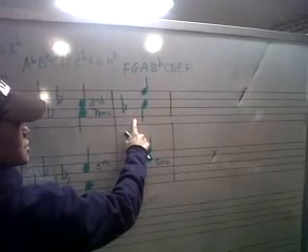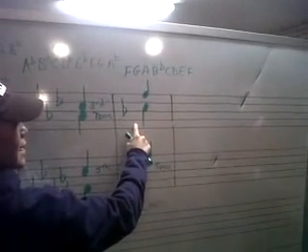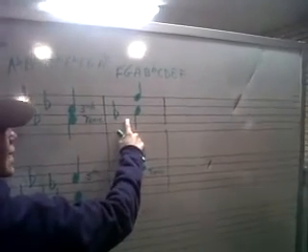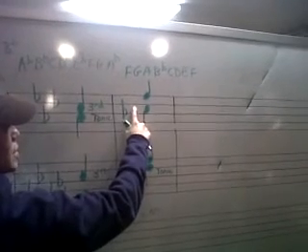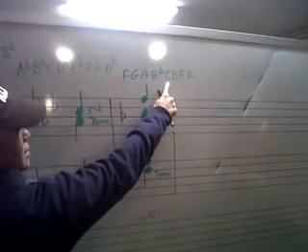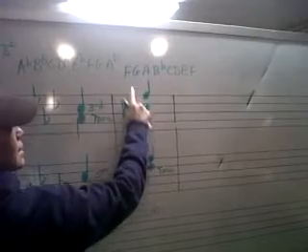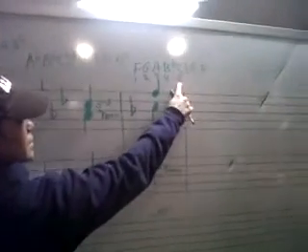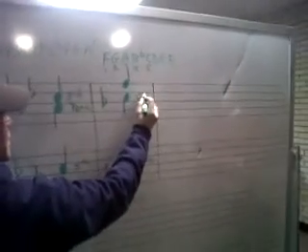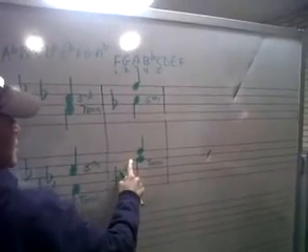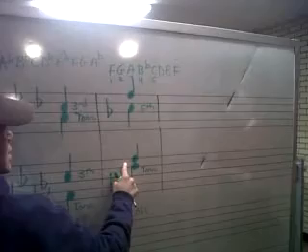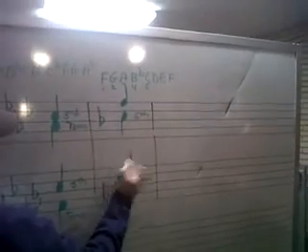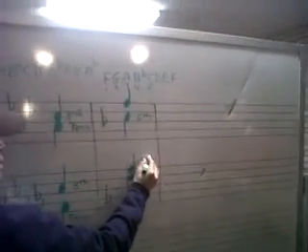If we do the space notes, remember the space notes spell F, A, C. So the lead is then on the fifth, right? Okay. Baritone is F, that's A, so it's on the third. It's on the third. Good.